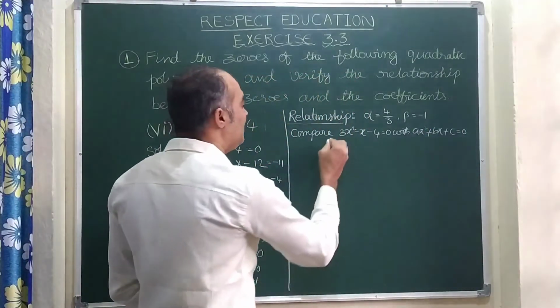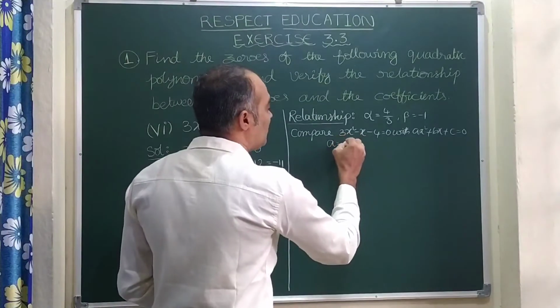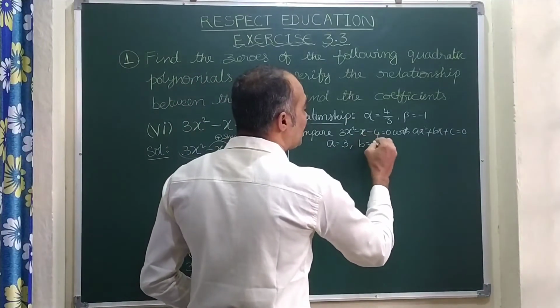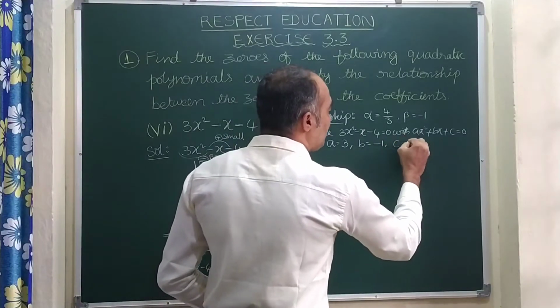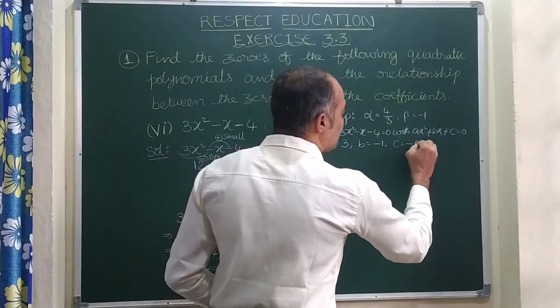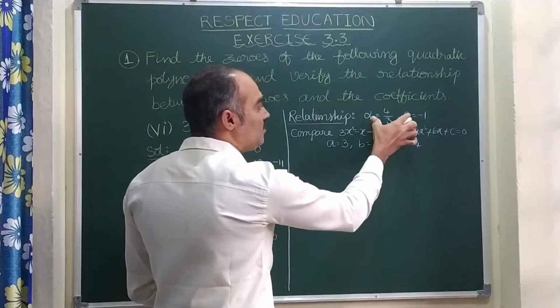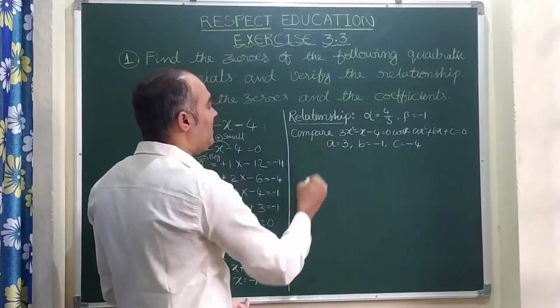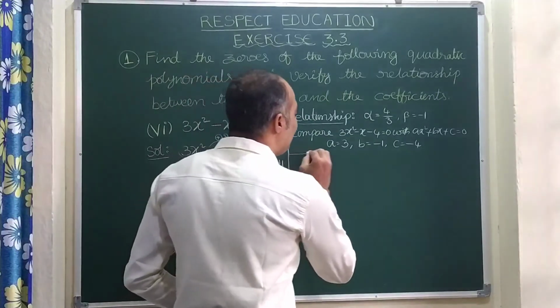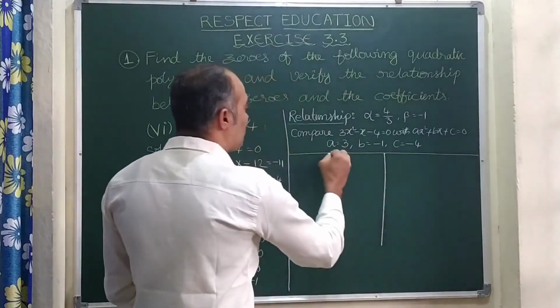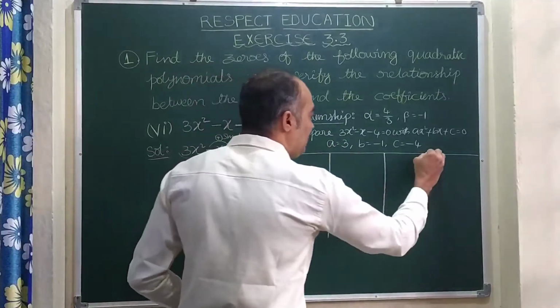On comparing, a is the x square coefficient, that is 3. b is the x coefficient, that is minus 1. c is the constant, that is minus 4. So the coefficients are ready and the zeros are also ready. Now for finding the relationship, we need to divide this portion into 4 parts.